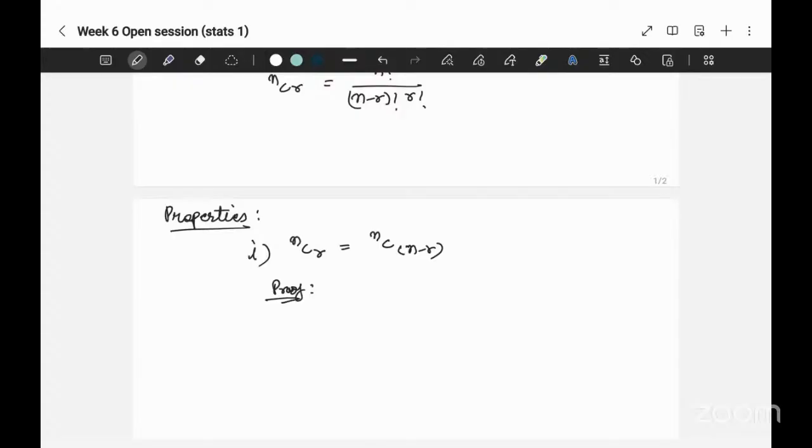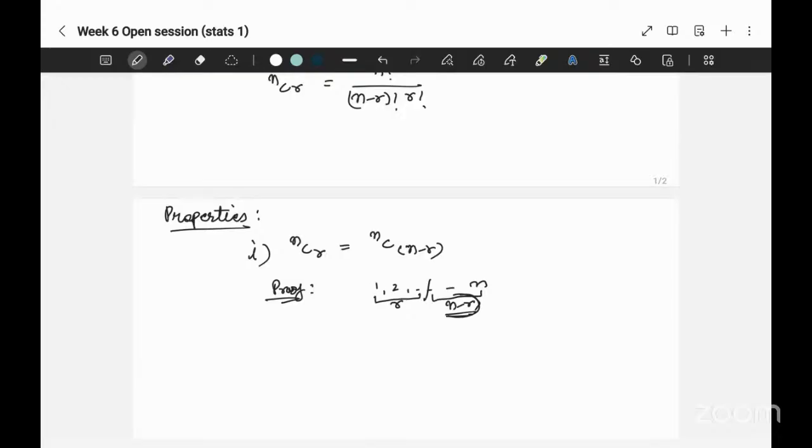See, nCr is basically this. Let's suppose I have 1, 2, till n, n objects. From that, I am selecting r objects, correct? In the same way, these are my n minus r objects that I am not selecting. So from the n objects, n minus r objects are not selected.